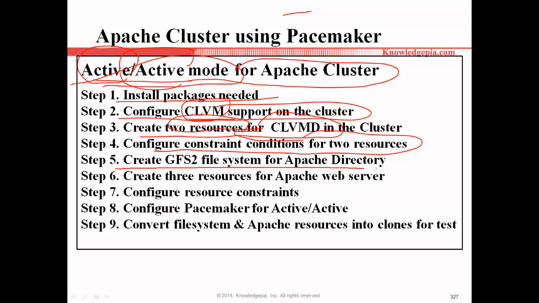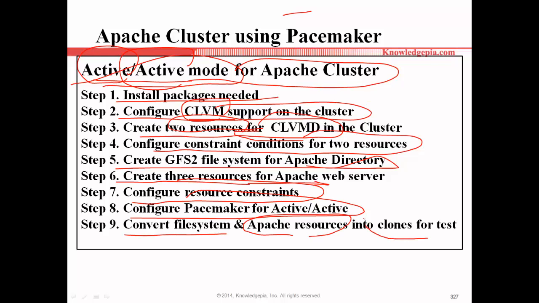Step 5, create the GFS2 file system for the Apache directory. Step 6, we need to create three resources for the cluster Apache web server. Step 7, configure resource constraints and Pacemaker for active and active. And step 9, convert the file system and Apache resources into clones for testing.